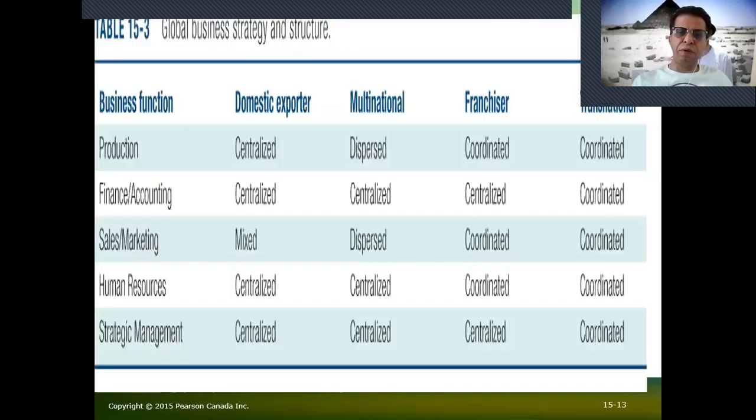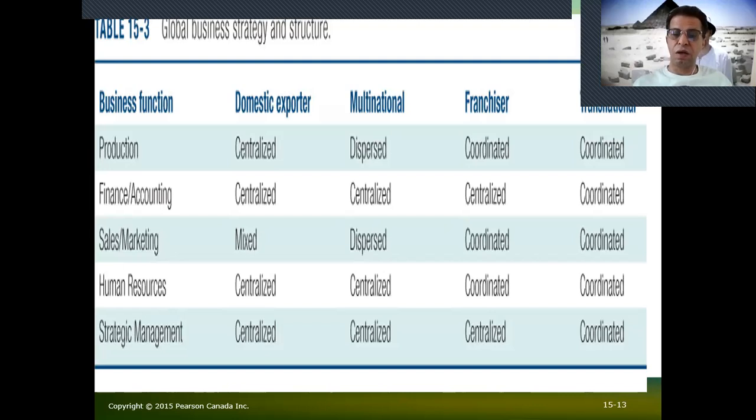As an example, to tell you the details of how business functions operate, let's say in the field of production, if you are a domestic exporter, your business function in production is centralized. If it's a multinational, it is disparate. If it's a franchise, it is coordinated, and transnational is coordinated.